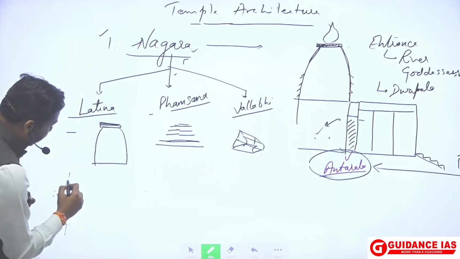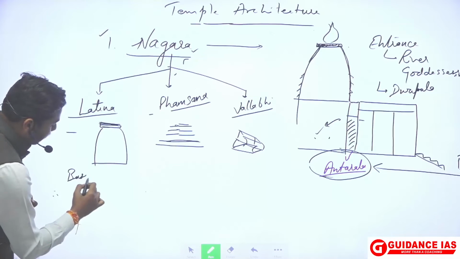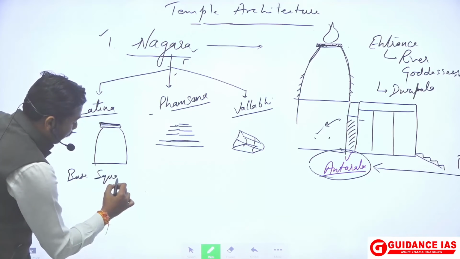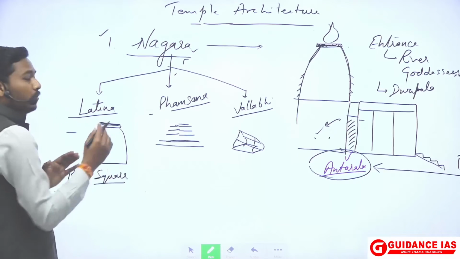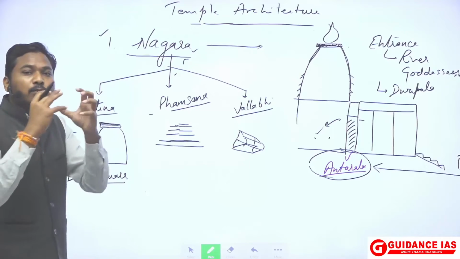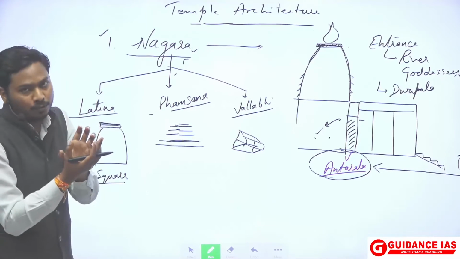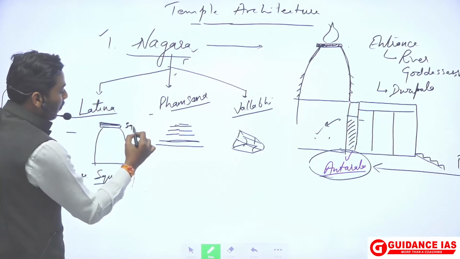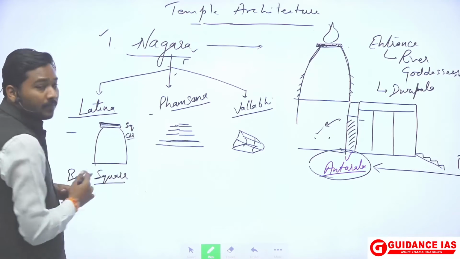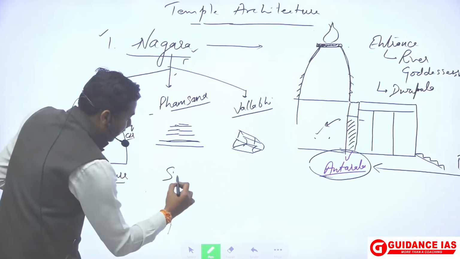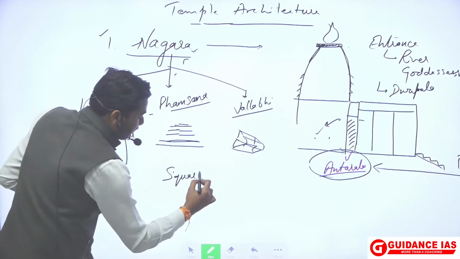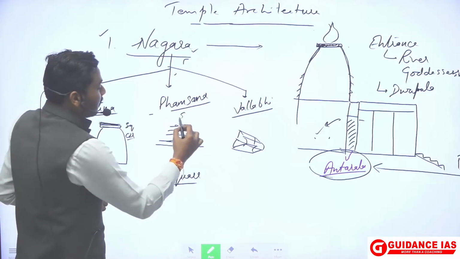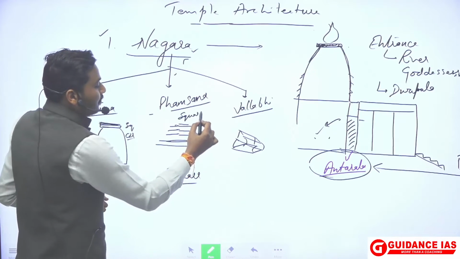Here, the base of the shikhar will be square. It will be a square base, and going upward it will either remain square or convert into a circle. Clear? At the top, either square or circle. Here also it will be a square base, and a square top as well.